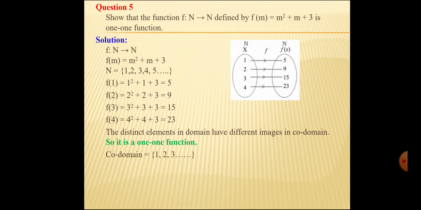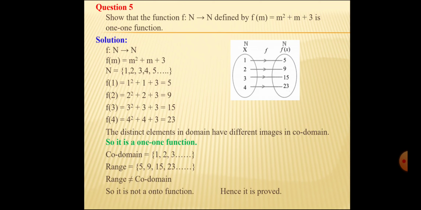What is the codomain? That is N: 1 2 3 etc. Range is 5 9 15 23. Is range equal to codomain here? No, range is not equal to codomain. Already you know the type: it is not equal, so it is not an onto function.